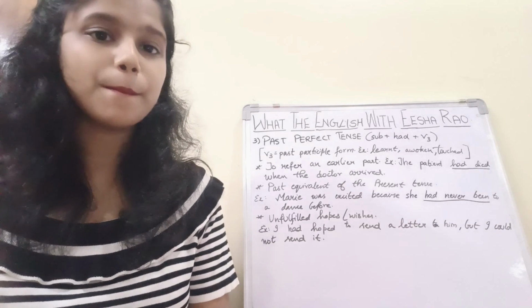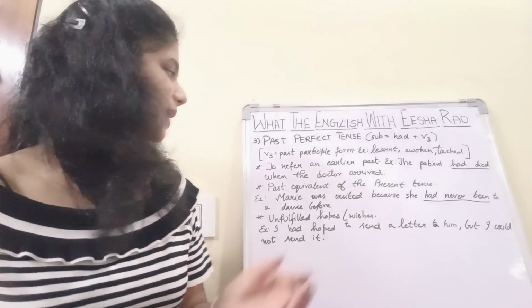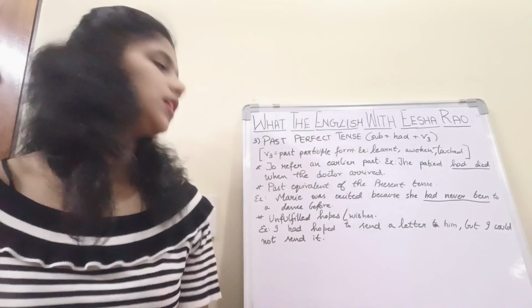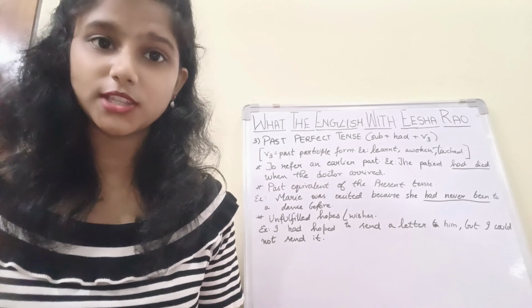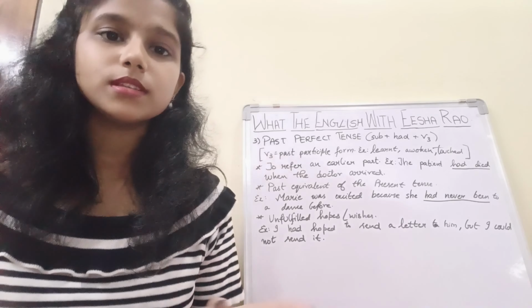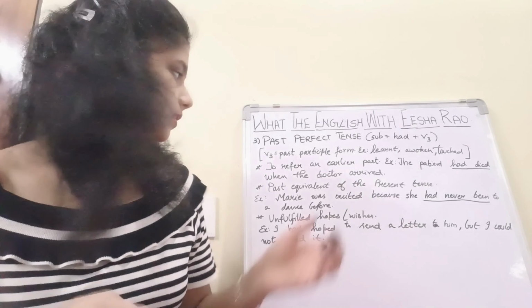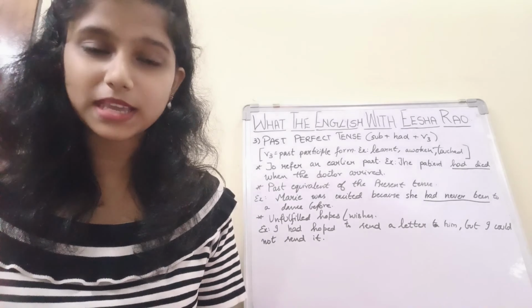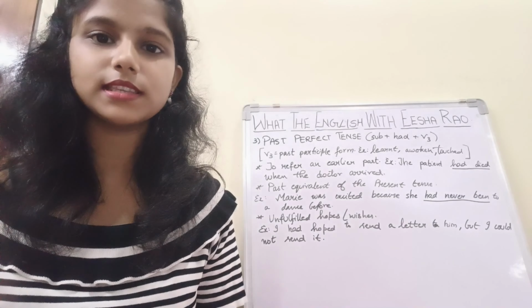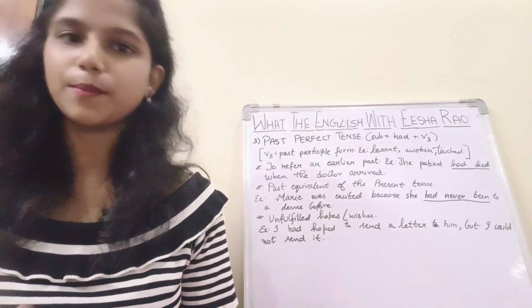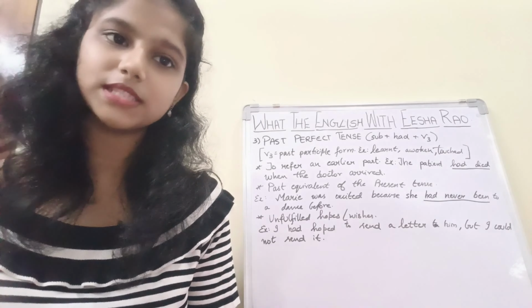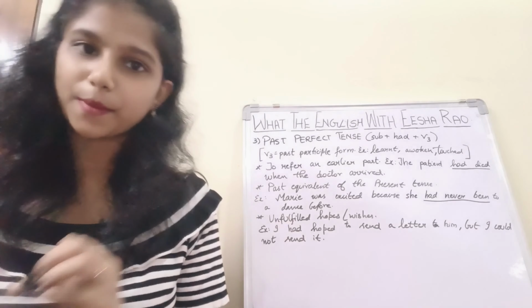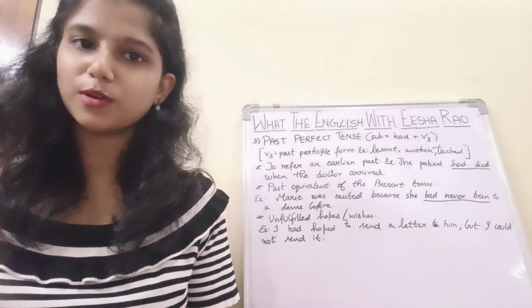Now, next, the past equivalent of the present perfect tense. Listen to the explanation. Sometimes the past tense functions simply as the past form of the present perfect. That means it can be used as a present perfect tense or the past perfect tense.